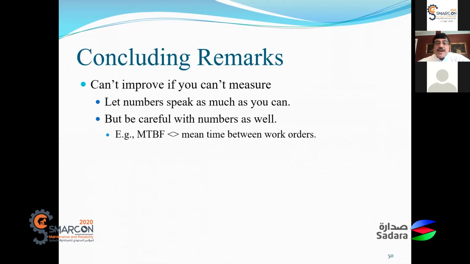Basically, you cannot improve anything without being able to measure it. Let the numbers speak. Sometimes we come and try to put our subjective judgment into things. Also, mean time between failure is not mean time between work orders. Many people, when they calculate mean time between failure, just count how many work orders there are and calculate from that. This is the wrong data analysis.